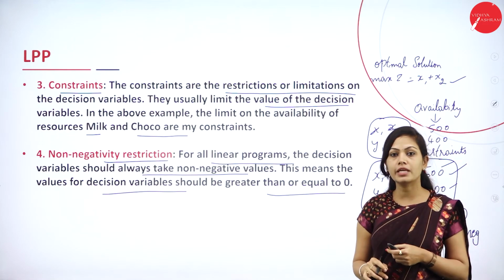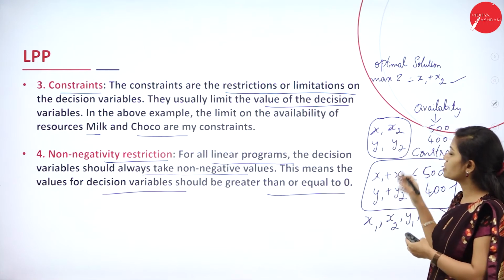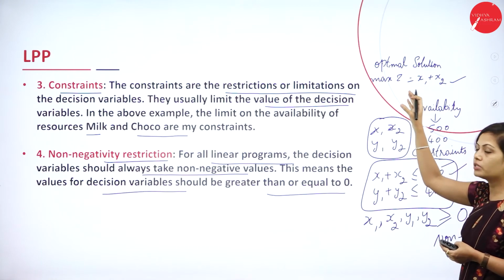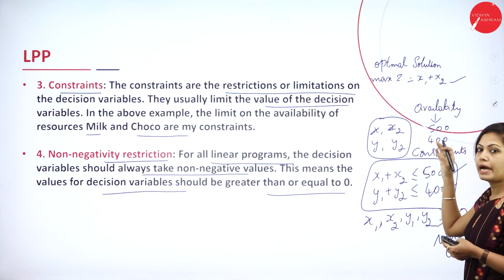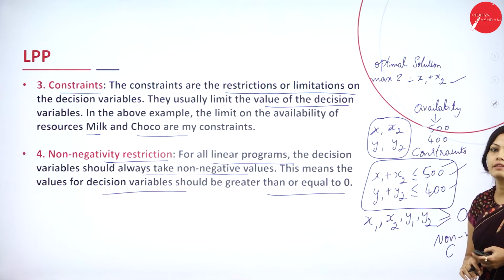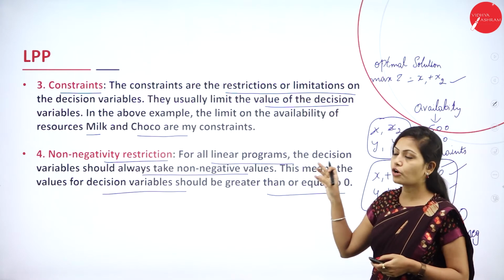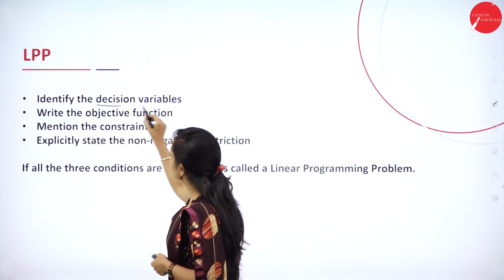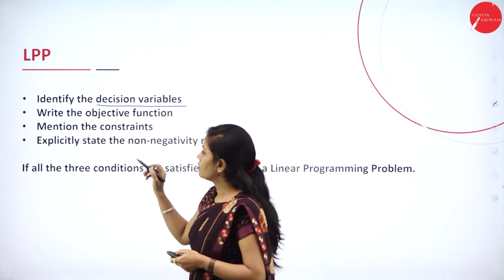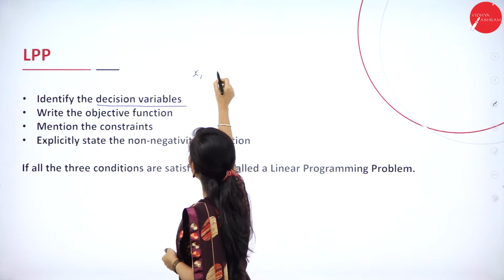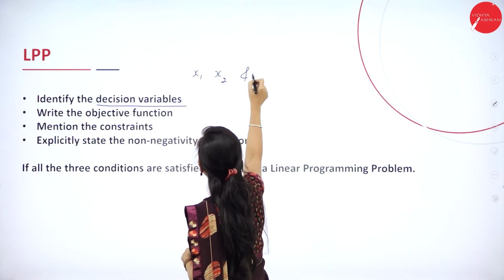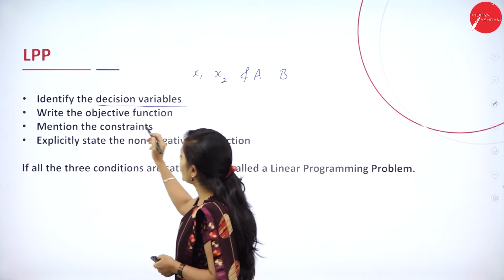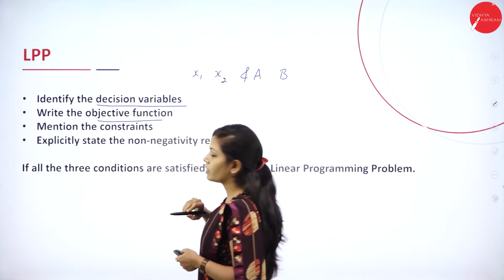While we are solving an LPP problem, the structure is very important. First you have to mention the optimal solution and constraints, and you have to mention the non-negativity constraints. For solving an LPP problem, we have to identify the decision variables. It can be x1, x2, or it can be product A or product B, etc. And we have to write the objective function.